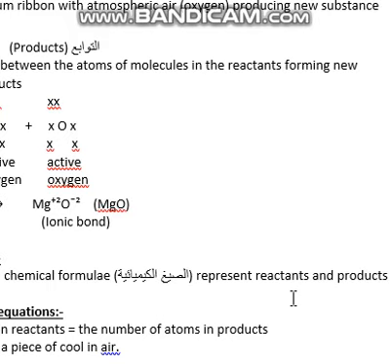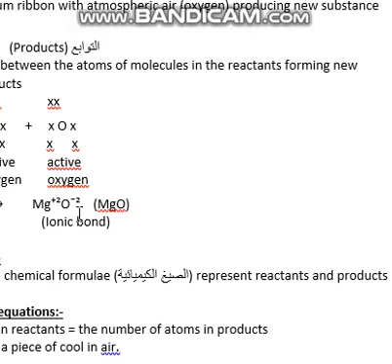For example, when you light a magnesium ribbon, magnesium plus O2 produces magnesium oxide. This magnesium oxide is a white powder. This equation is called a chemical equation. What is the meaning of chemical equation?